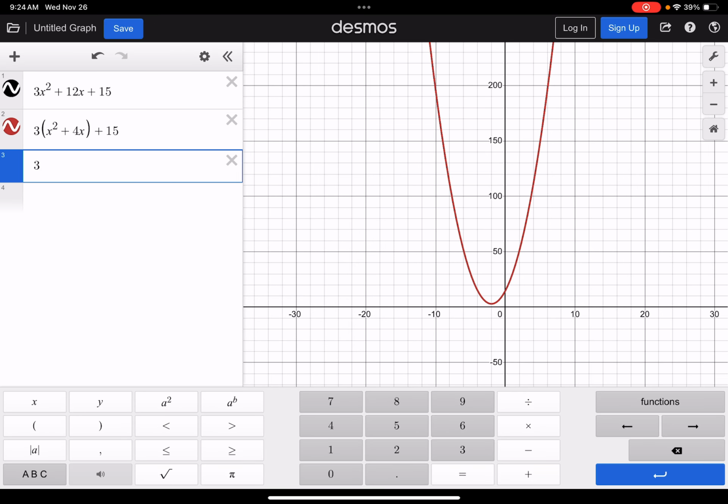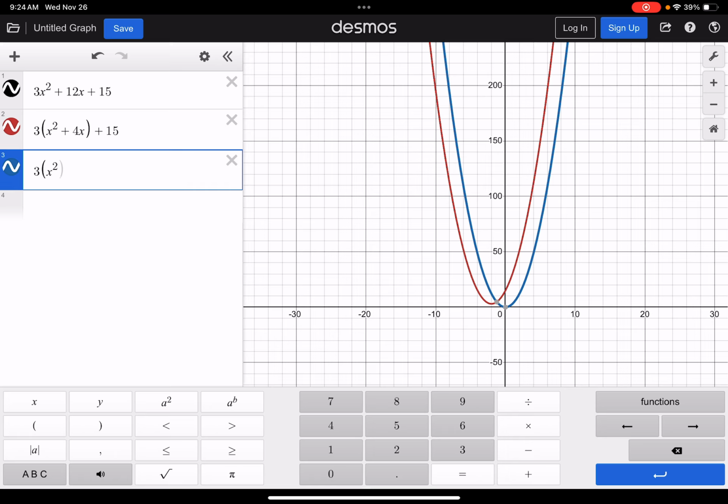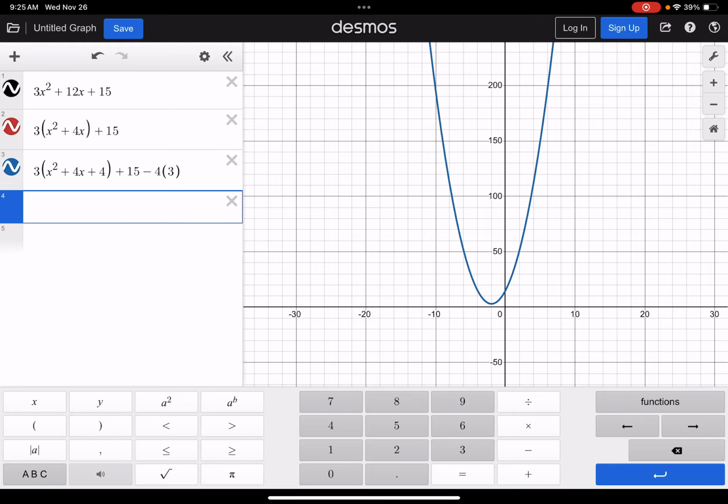If I add my perfect square value to the expression, and then I also subtract it, see, it's already not the same, but if I multiply by 3, now it is, looking good. Keep going, factor that, x plus 2 squared. Combine your like terms outside, and you get 15 minus 12, 3.